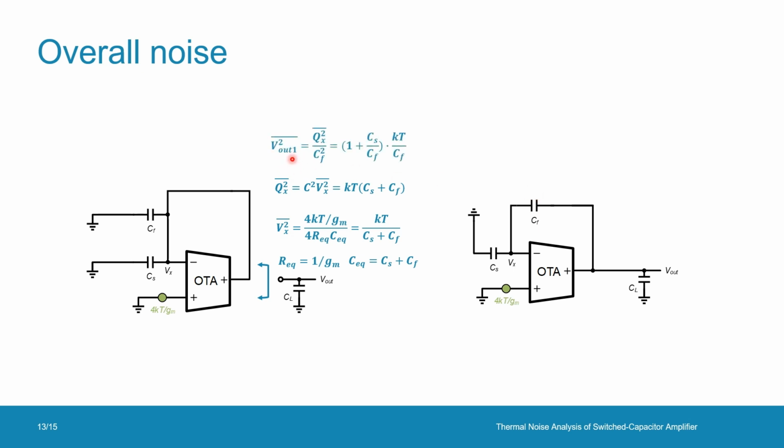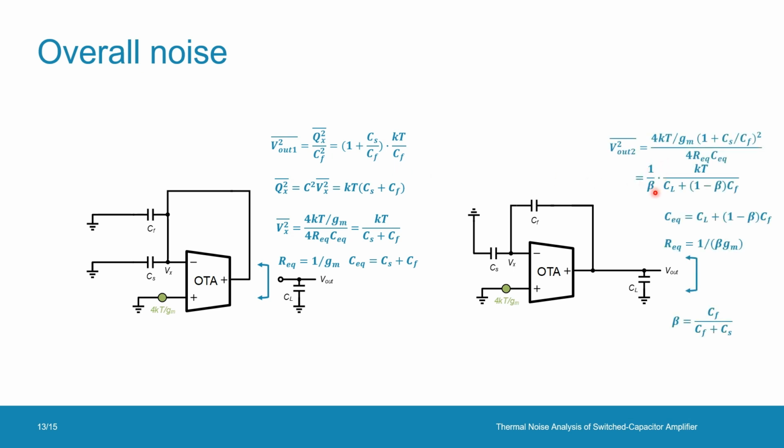The output noise voltage can simply be obtained by dividing this noise charge with Cf, which again becomes kT over C. The multiplication factor is 1 plus Cs over Cf, roughly the closed loop gain.